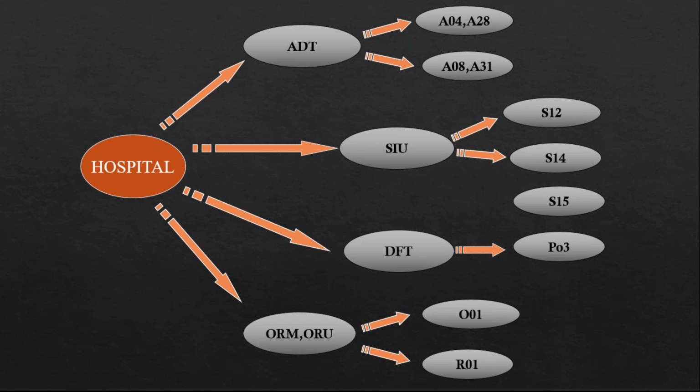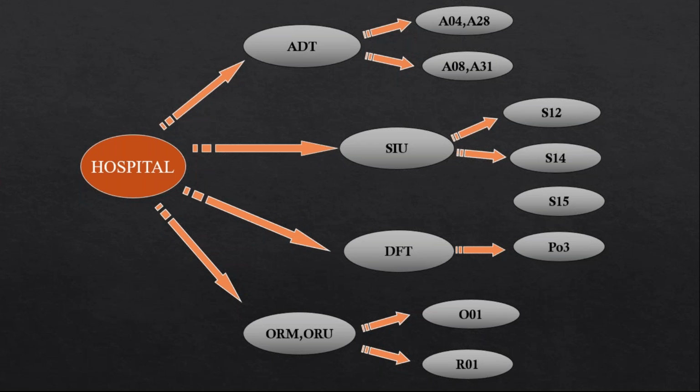So what would be the difference between A04 and A28, since both are for new patients? Honestly speaking, there is not much difference in the messaging structure. There are only a few additional advantages with A28 where you can add some additional information like NK1, which is next of kin and all.